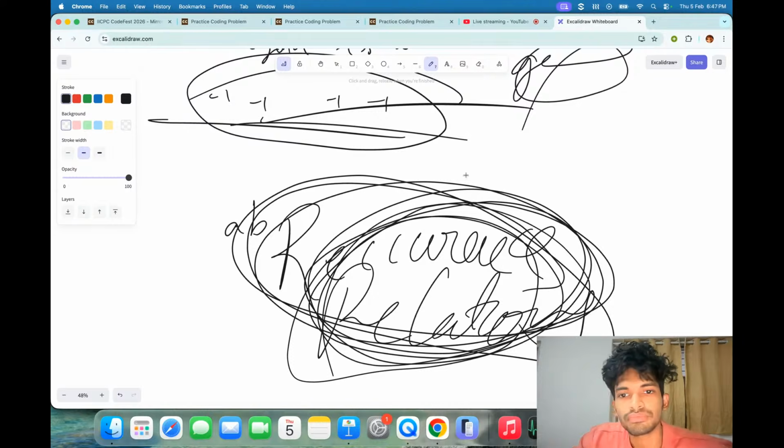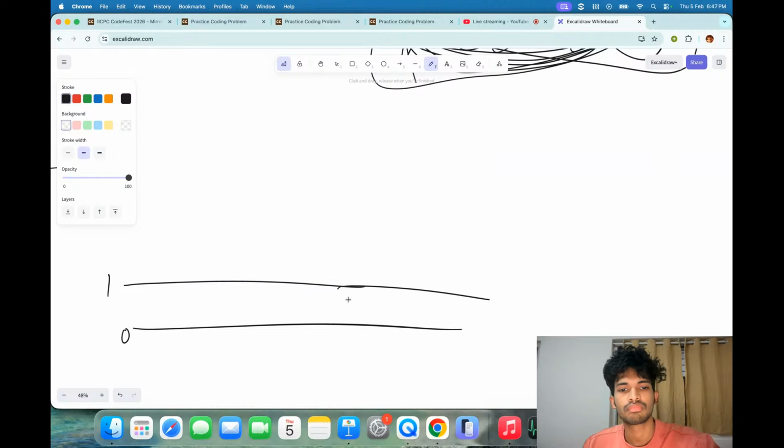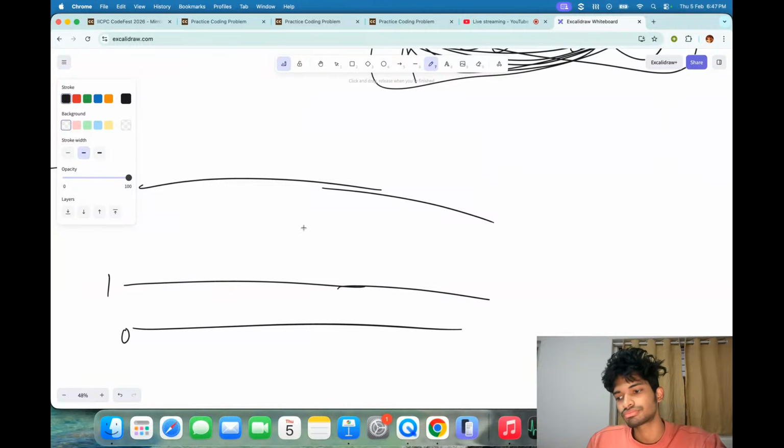Zero and one. If you take x with 1, these ones will become 0, these zeros will become 1.